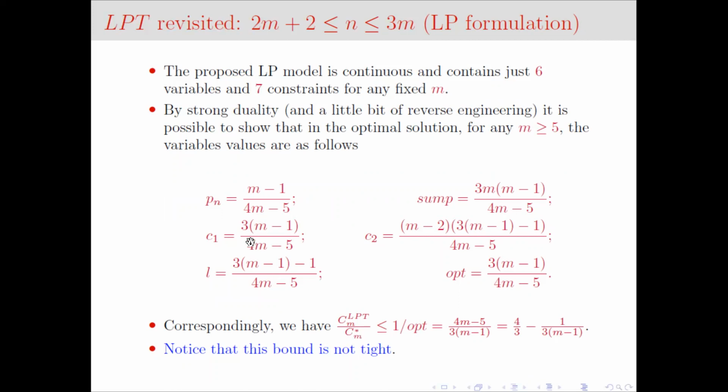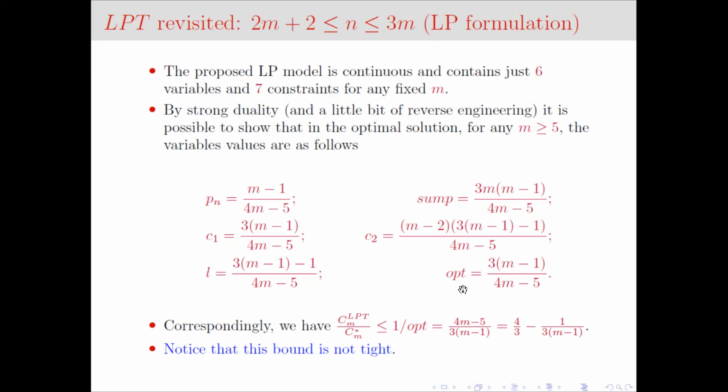So we were able to show that by having Pn equal to n minus 1 divided by 4n minus 5, etc., all these values of Pn, C1, L, sum P, C2, etc., we have a solution such that for every m, the primal solution and the dual solution coincide. And so, of course, this corresponds to the fact that this is the best we can do.